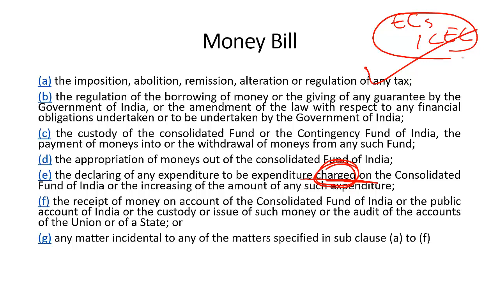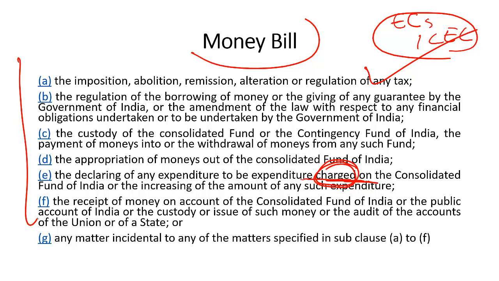If tomorrow there is a bill which tries to say that the salaries and allowances of election commissioners and the chief election commissioner shall also be charged on the Consolidated Fund of India, such a bill also would be a money bill. That means any bill, if it deals only with money matters, and these are the only money matters mentioned under Article 110, such a bill is a money bill.